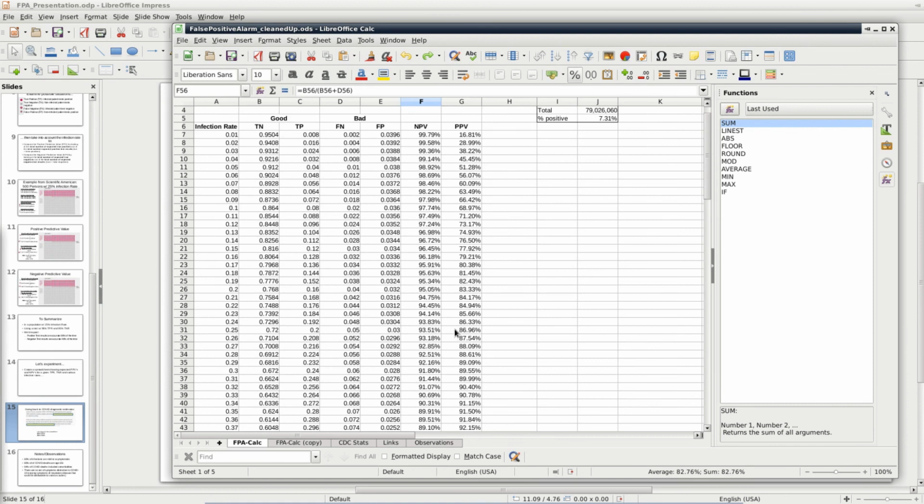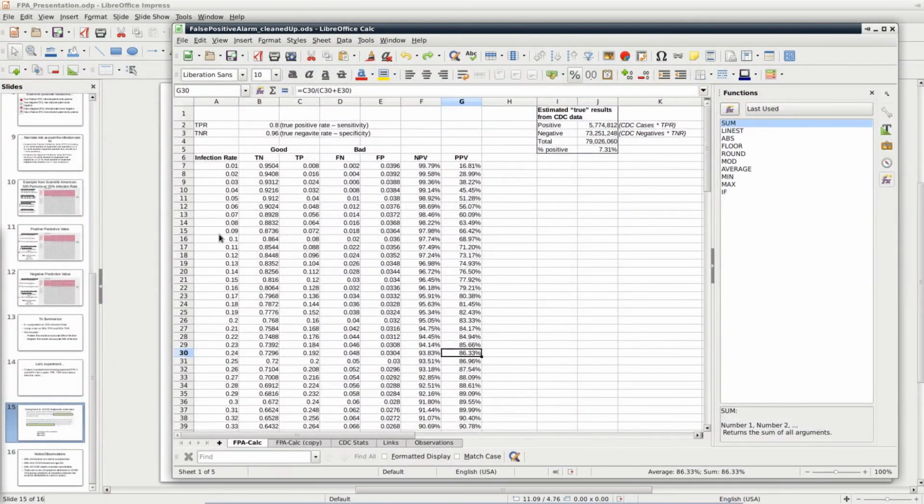So, first of all, this gives us a pretty strong idea of how important the true infection rate is when interpreting the results of tests.